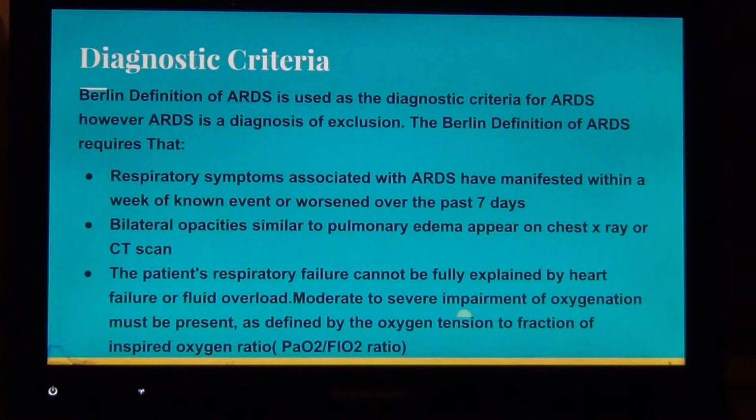Diagnostic criteria. The Berlin definition of ARDS is used as a diagnostic criteria for acute respiratory distress syndrome. However, ARDS is a diagnosis of exclusion. The Berlin definition requires that respiratory symptoms associated with ARDS have manifested within a week of a known event or worsened over the past 7 days.